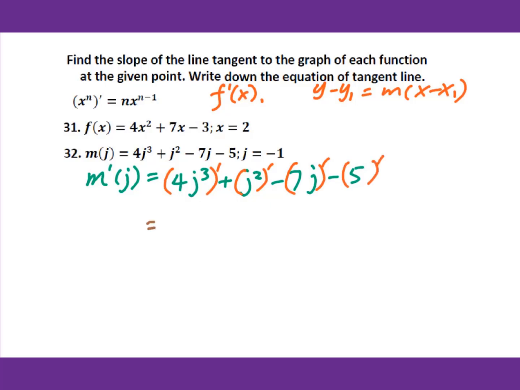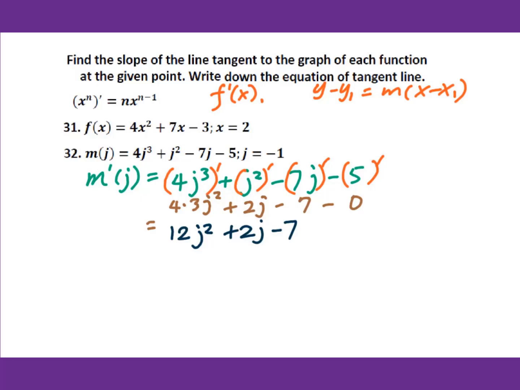The derivative of j to the third power is 3j squared, then multiplied by 4. For j squared, the derivative is 2j, so adding. Then minus 7. For a linear function, the slope is the derivative. For the constant, that's 0. So we organize: that is 12j squared plus 2j minus 7.